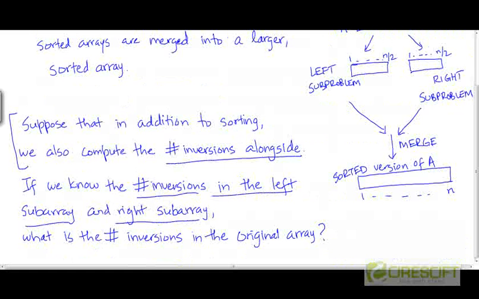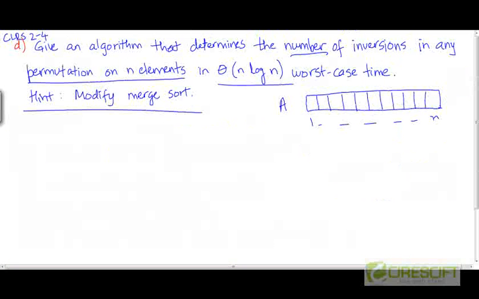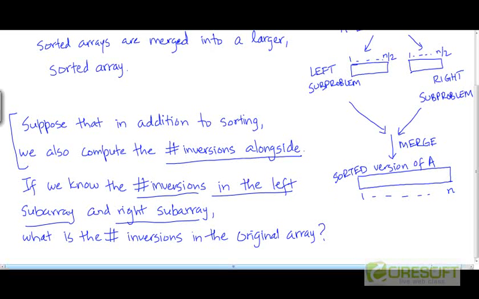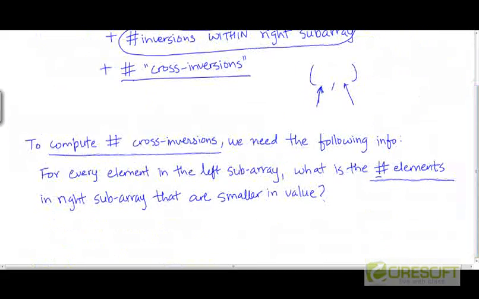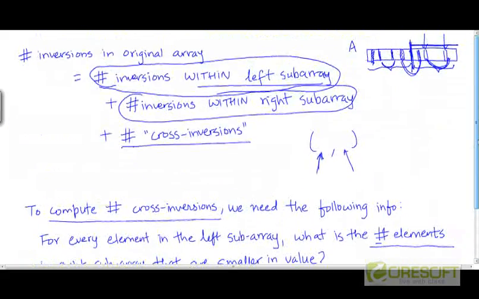And if we know the total number of cross inversions, we can compute at that stage the total number of inversions in the original array. Because the total number of inversions in the original array is the sum of these three numbers, two of which we already know based on the results returned by the recursive calls.